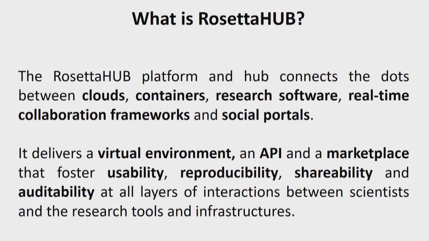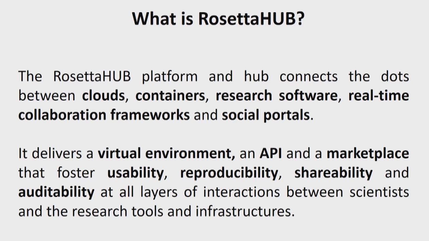So what Rosetta Hub delivers is, first of all, a virtual environment for research and education, an API. This is 700 plus functions that you can call from R, and that allow you to interact with all of these clouds, containers, tools, and to share and reuse. And a marketplace, this is a place for sharing.